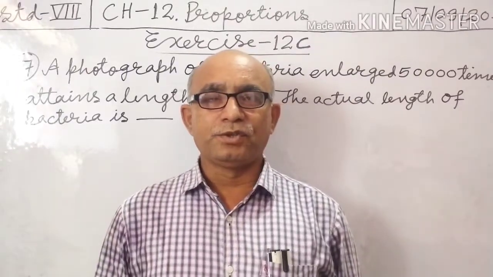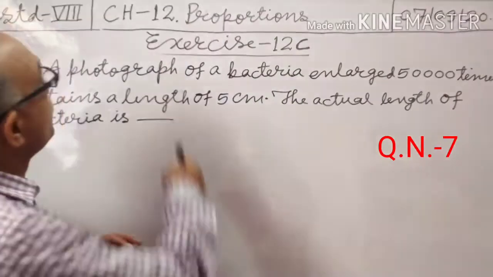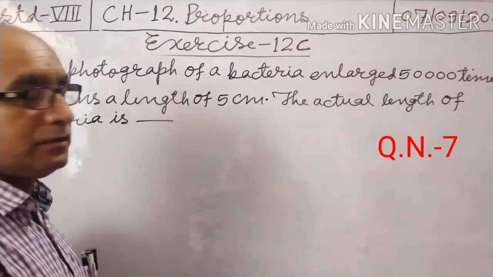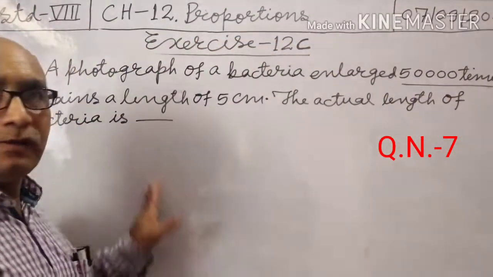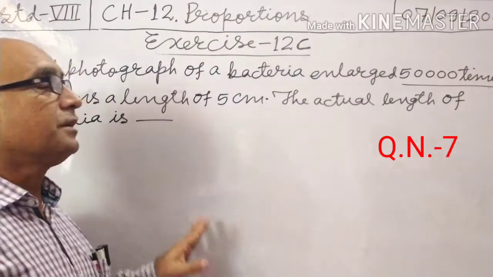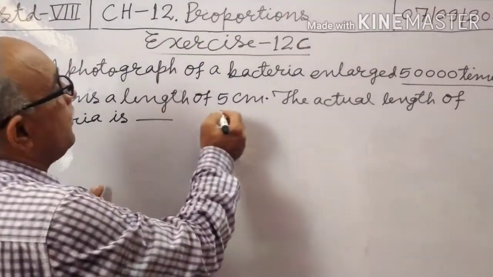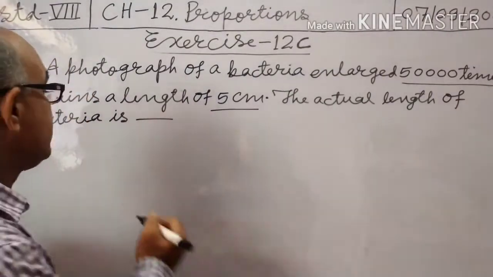Students, next question is question number 7. A photograph of a bacteria enlarged 50,000 times attains a length of 5 cm. The actual length of the bacteria is?